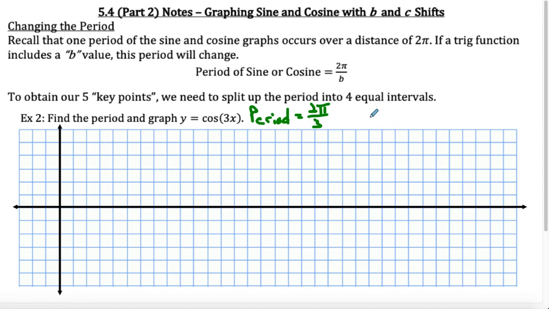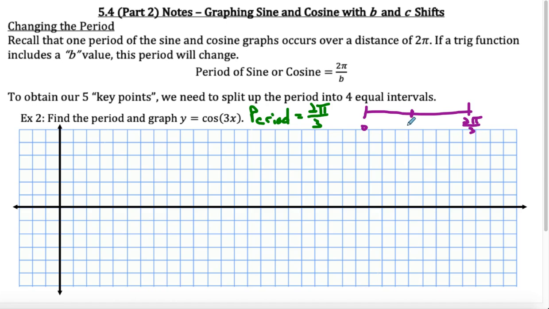So I want to split the region from 0 to 2 pi over 3 up into fourths. To start, let's cut that in half. Again, we can think about adding these together and dividing by 2. So 0 plus 2 pi over 3 divided by 2 would be the same as multiplying by a half.